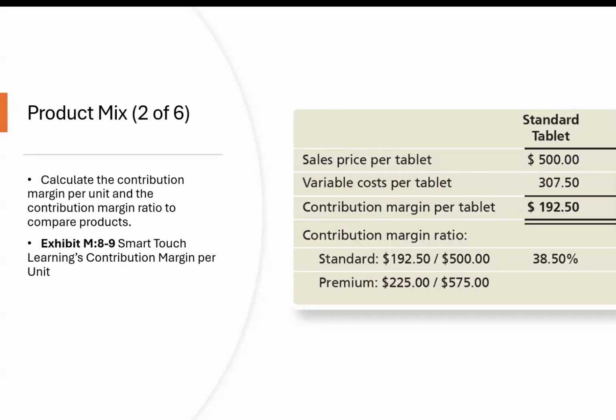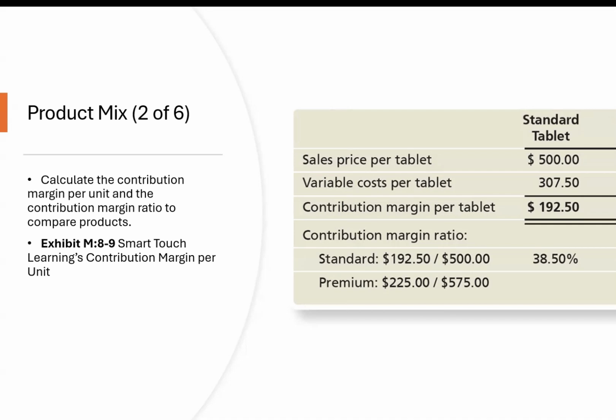So let's return to our Smart Touch Learning example. Assume that the company can sell all the standard tablets and all the premium tablets it produces, but it has only 19,500 machine hours of manufacturing capacity, and the company uses the same machines to make both types of tablets.